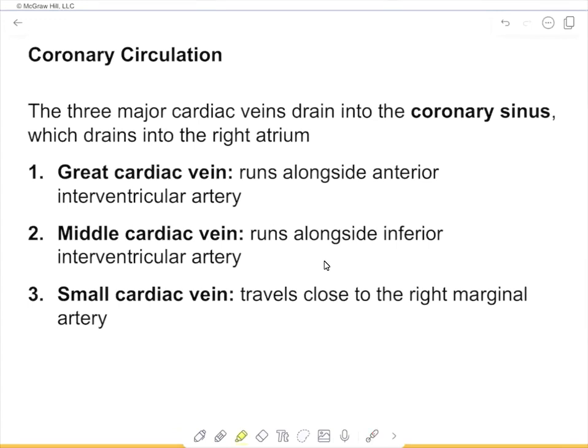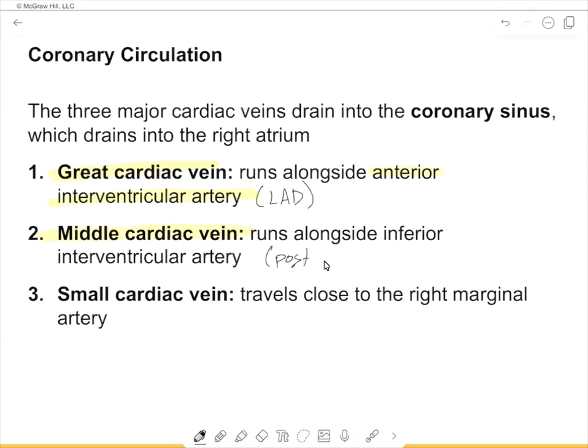There's three major veins, one of which is called the great cardiac vein, and that's going to be on the anterior surface of the heart. And it runs alongside the anterior interventricular artery, also called the LAD. Then there's a middle cardiac vein, which is going to be on the posterior side of the heart.